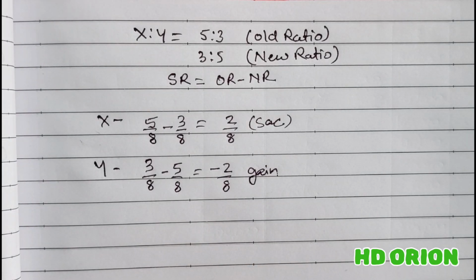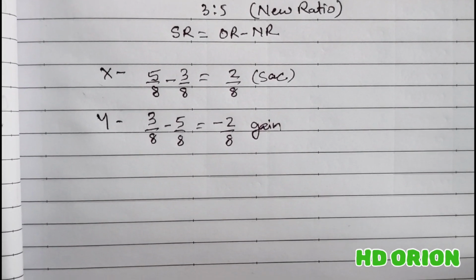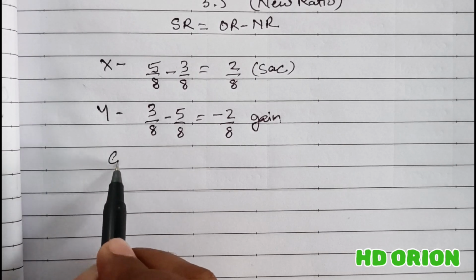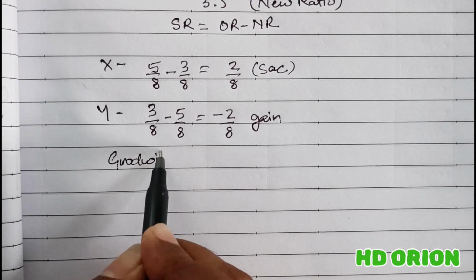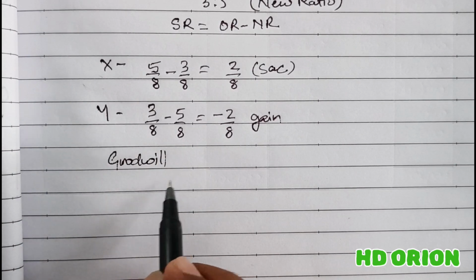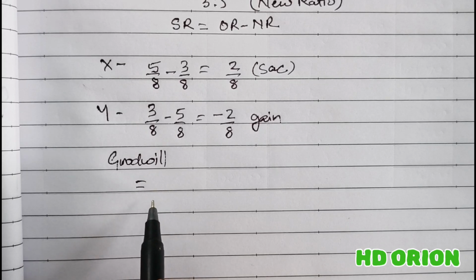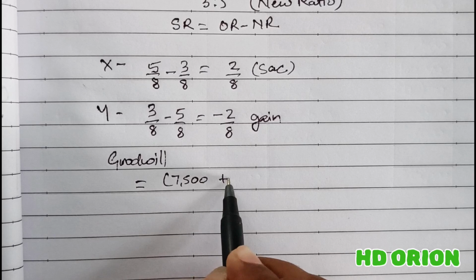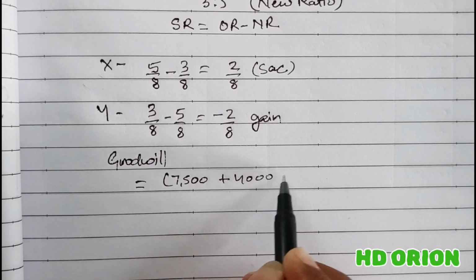Fine. And the value of goodwill we have to calculate now. We haven't calculated it. Value of goodwill, it says 2 years purchase of the average profit of last 3 years. So let us calculate goodwill. Goodwill will be equal to the last 3 years profit given to us, 7,500, 4,000 and 6,500.